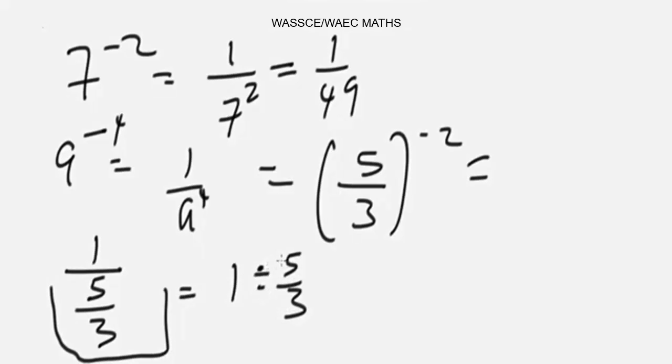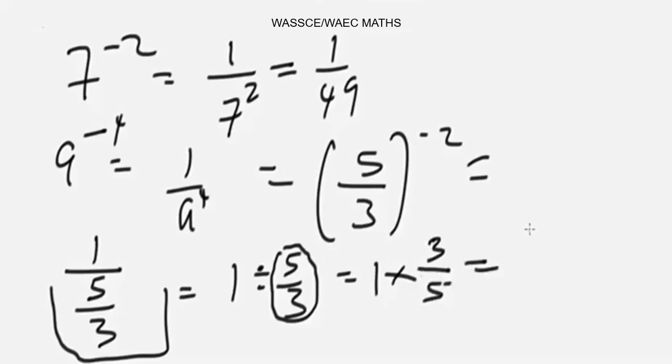Now, when you are dividing fractions and you want to change this division sign to multiplication, you are going to invert what you have here. So what you do is going to give us 1 times 3 over 5. When you simplify this further, you're going to have 3 over 5.